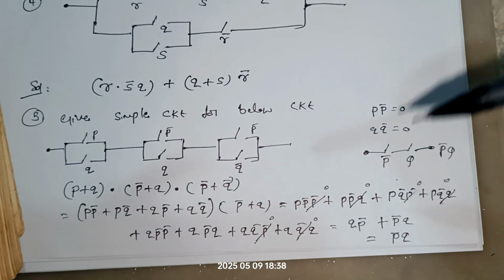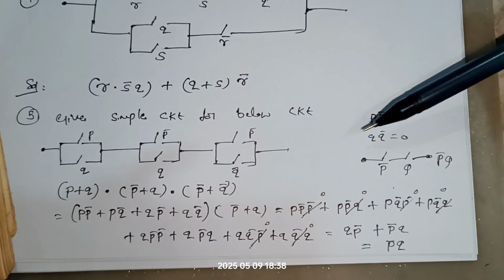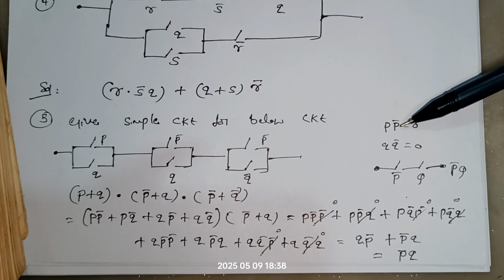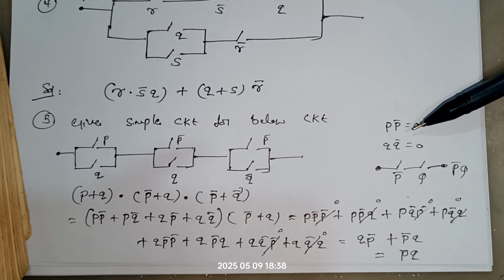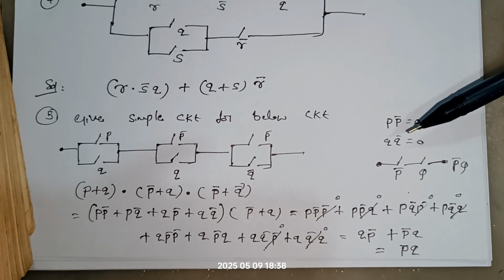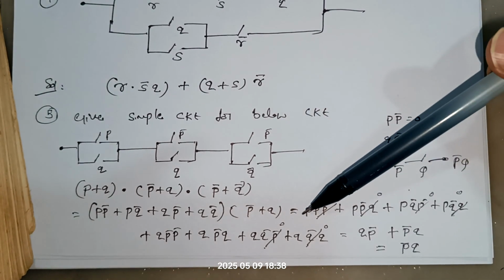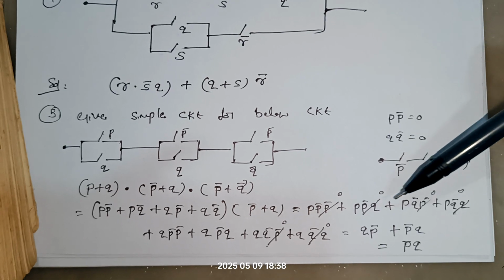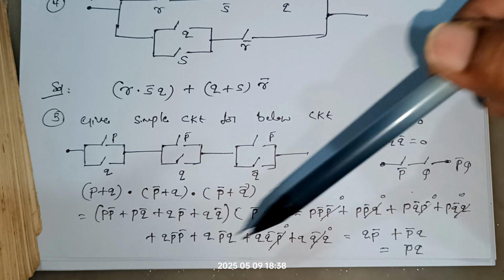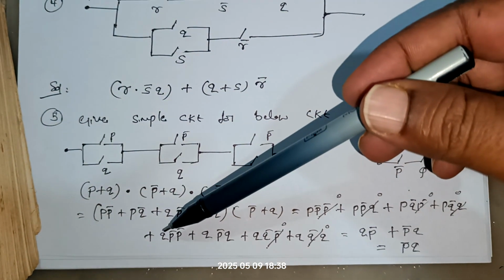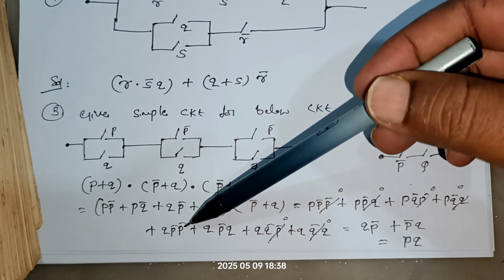So you will get these combinations. Later, we know that the complement of A bar is 0, or P and P bar equal to 0. So we will write Q and Q bar is 0. Such P and P bar wherever it is there, and Q and Q bar wherever it is there, all are zeros. What is remaining? Remaining is Q, P bar, P bar.